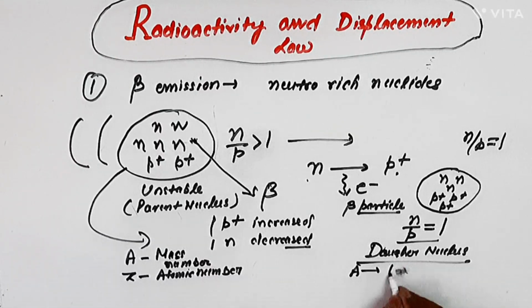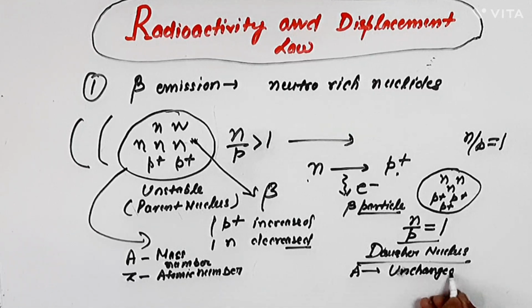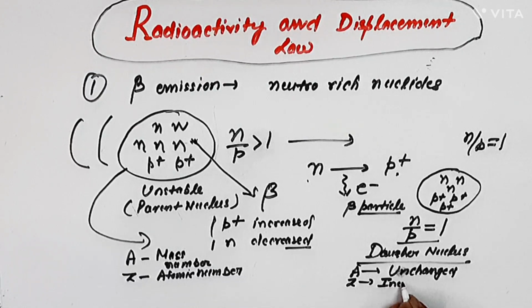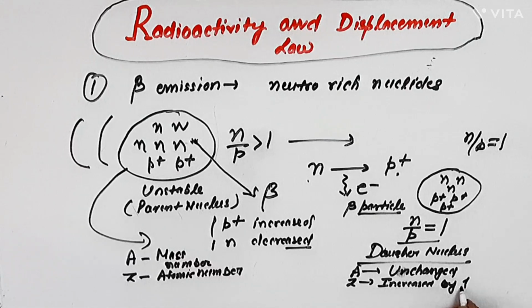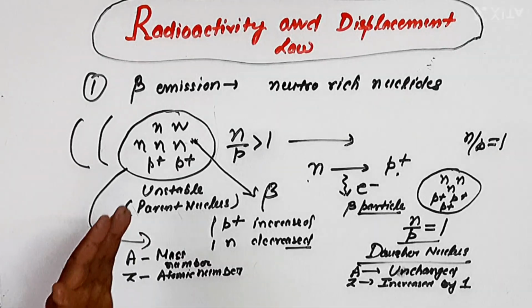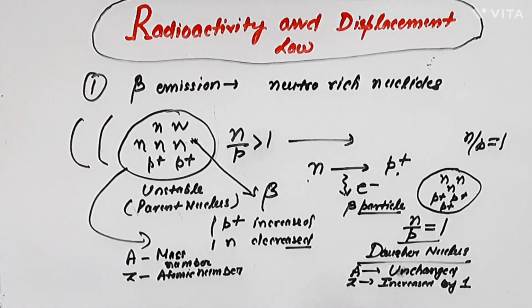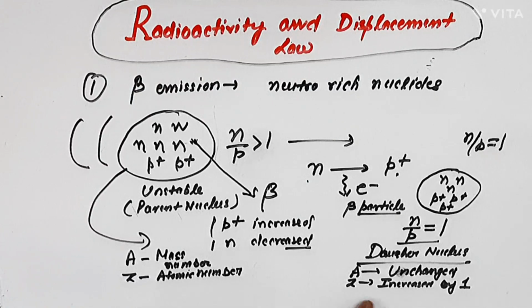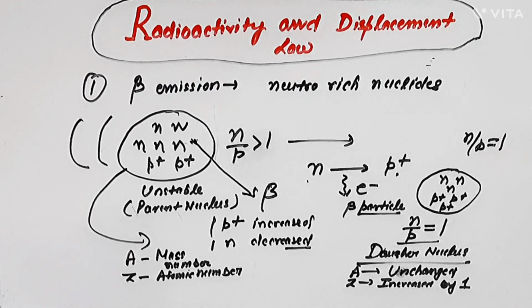A unchanged and Z increased by 1. Z is increased by 1. Means what? The parent nucleus will jump one step further in the periodic table because the atomic number is increased by 1 unit, and the periodic table is arranged on the basis of increasing atomic number.